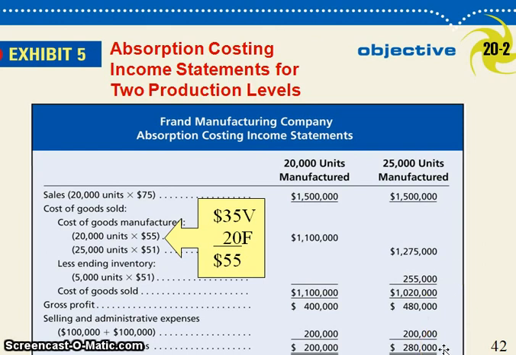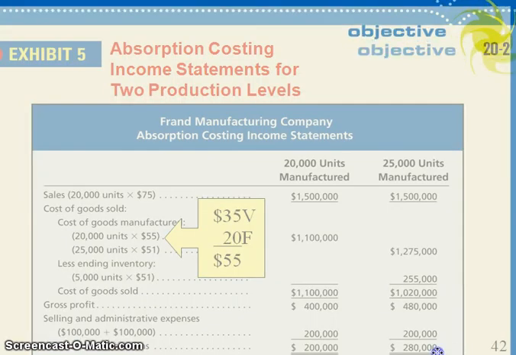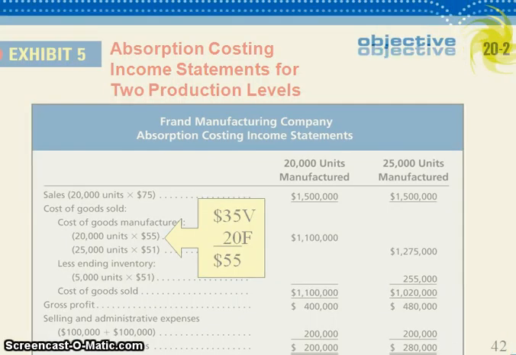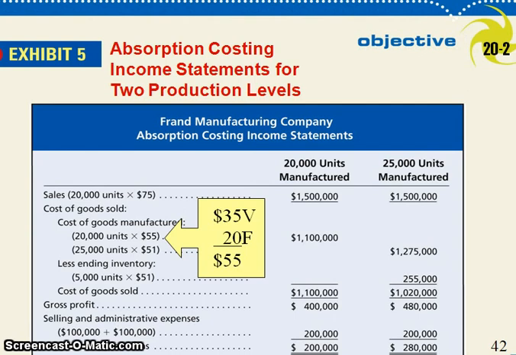We're still selling exactly the same number of units. It's very strange, if you will. It's skewed that we have $280,000 of income when we sold exactly the same items in both scenarios. Okay, so under absorption-based costing, this is rather misleading.